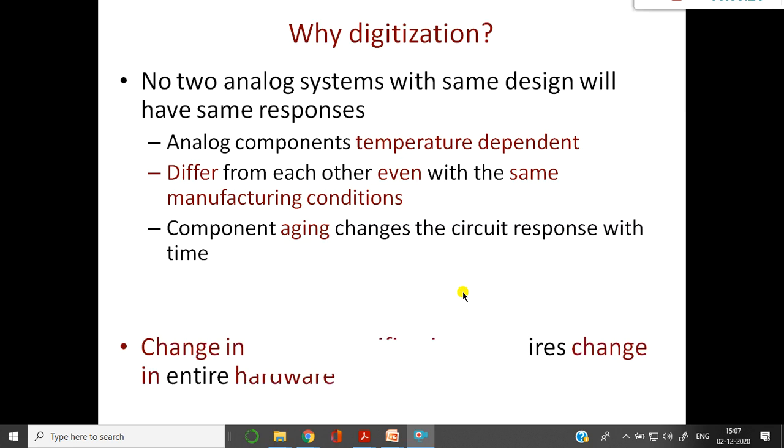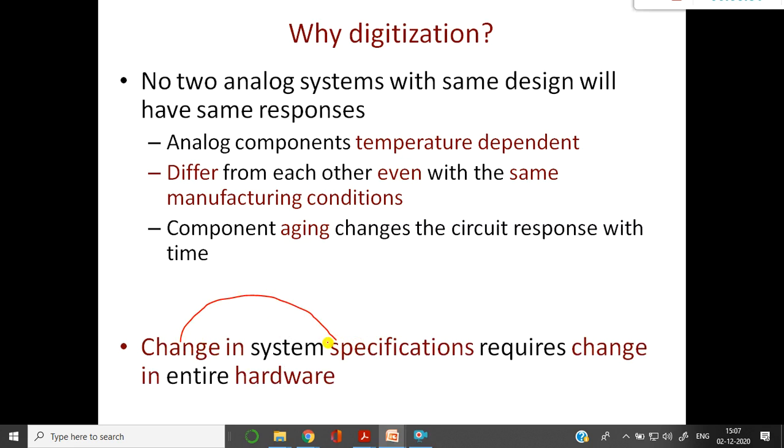So that's one of the reasons. Another very important point is the change in specifications every time. A change in specifications requires a change in the hardware, the entire hardware I need to change. If I ask you to design an analog amplifier for some frequency, and then ask you to change the frequency from f1 to f2, once again you perform the mathematical calculations and design the values once again.